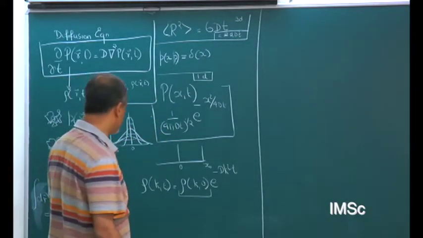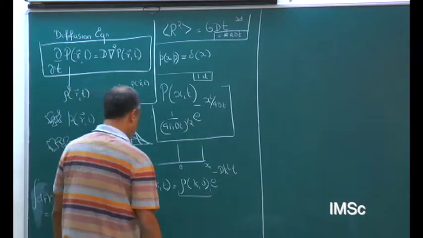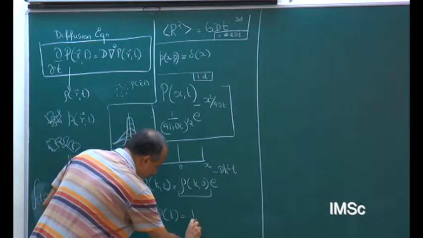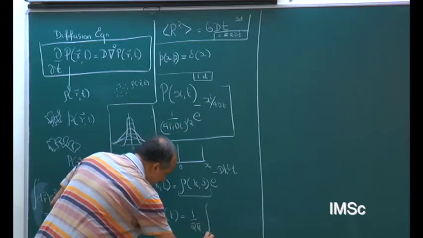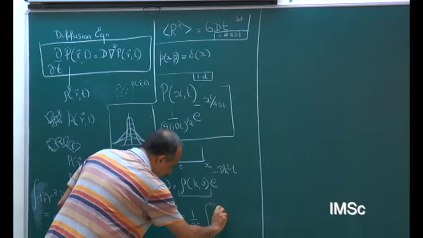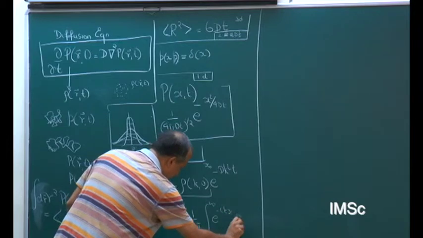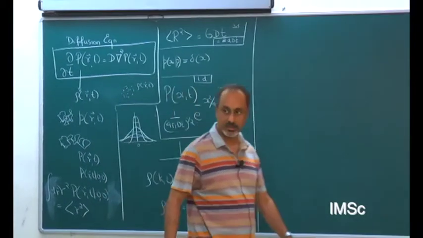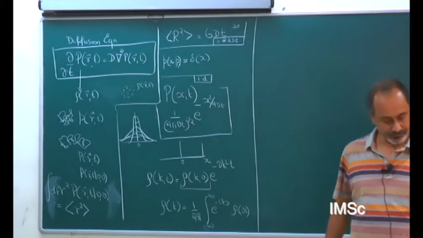And if you remember how we derived it, rho of k comma 0 is obtained by taking 1 over 2 pi integral minus infinity to infinity e to the power minus i k x times rho of x. This is the inverse Fourier transform with a factor of 1 over 2 pi.